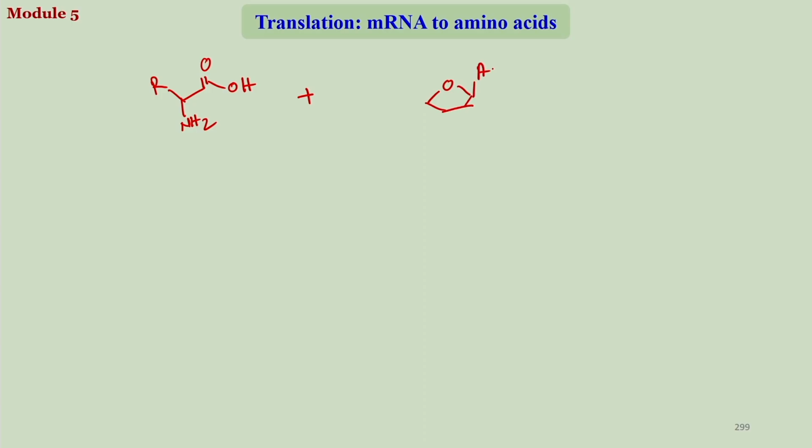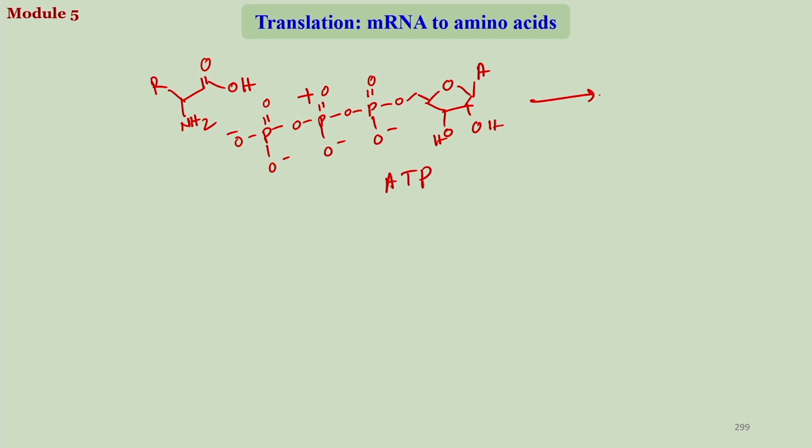Here it is adenosine A, ribose, O, phosphate, phosphate, phosphate. So, this is your ATP. It reacts here, and diphosphate is eliminated.